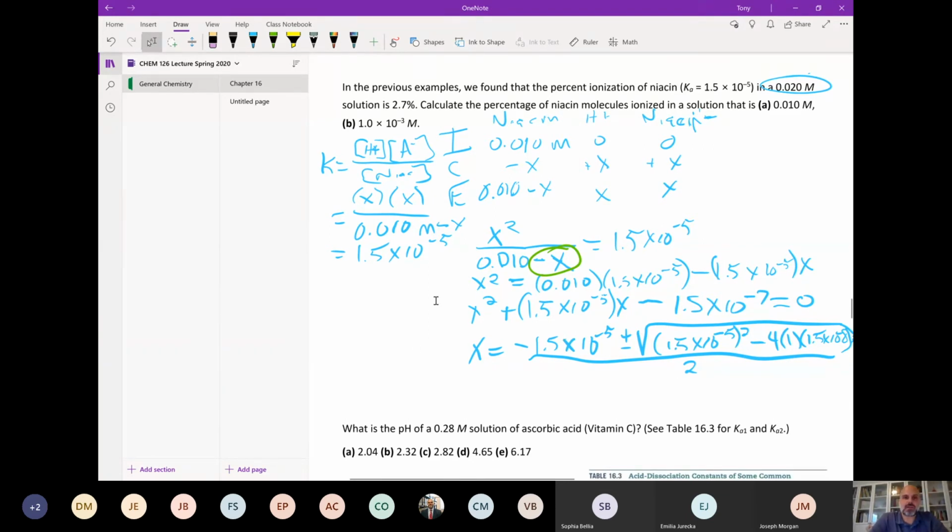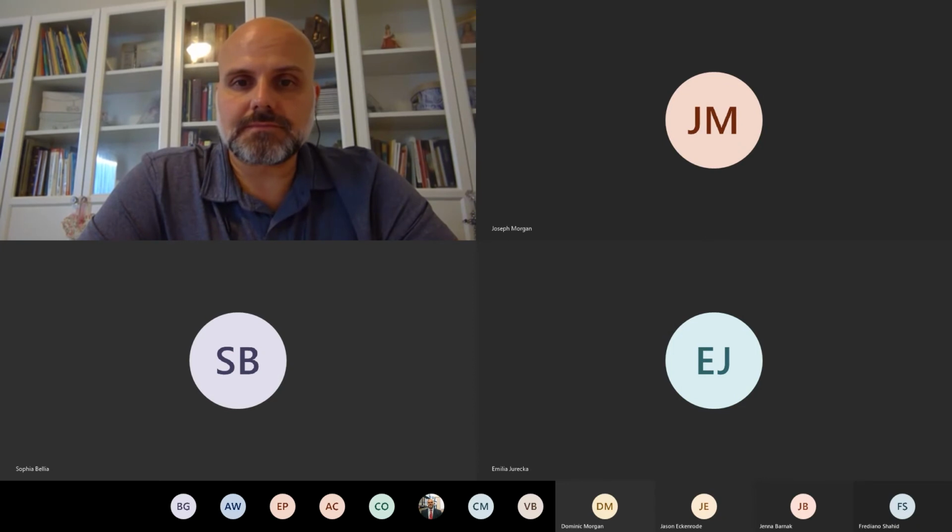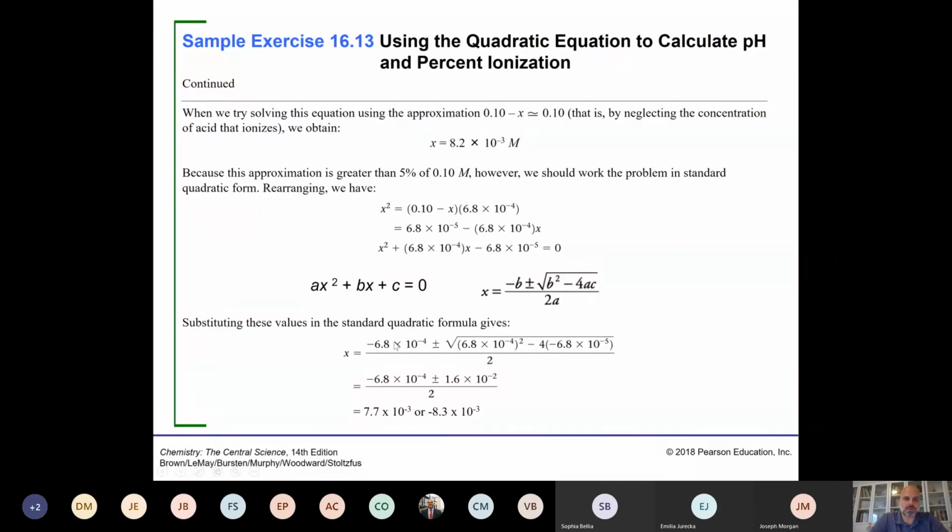Once you solve for x, I'm not going to belabor the point because we've done this before. Once you solve for x, you're simply going to plug it into the equation here.